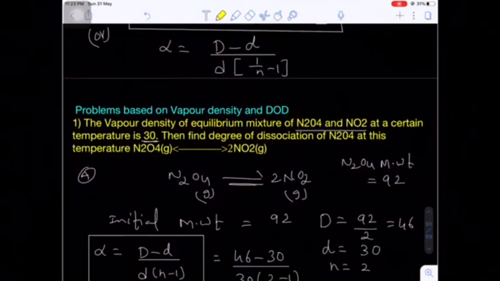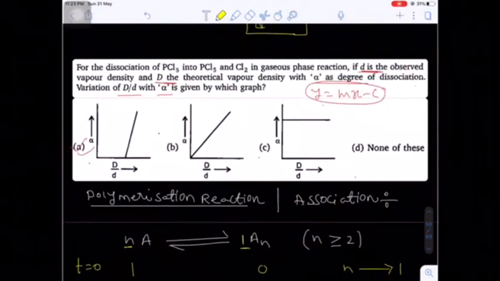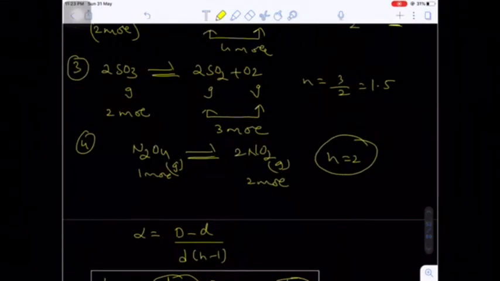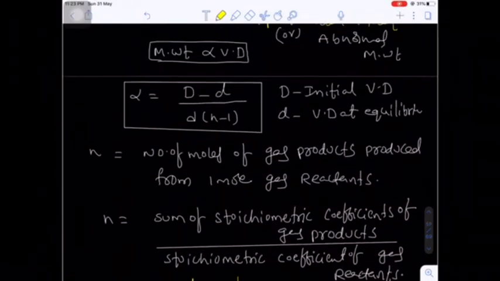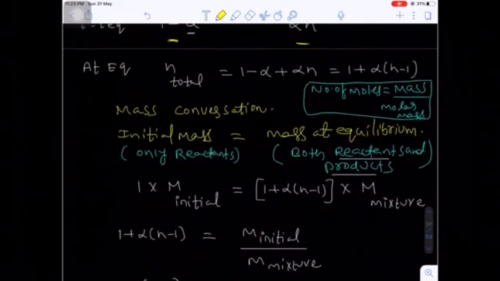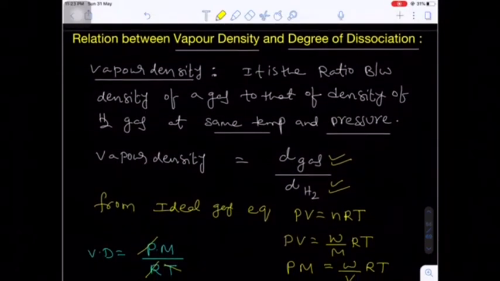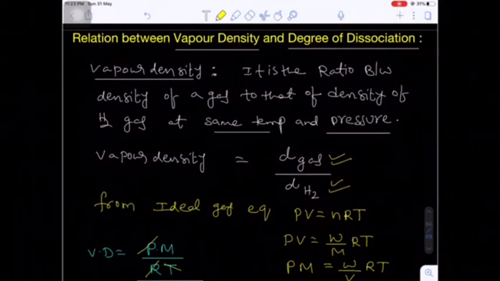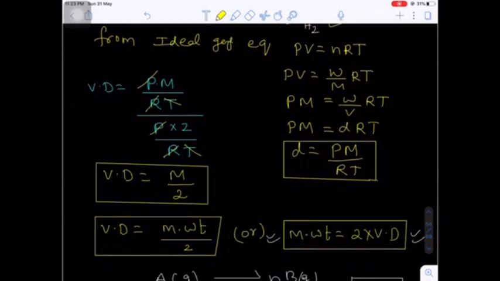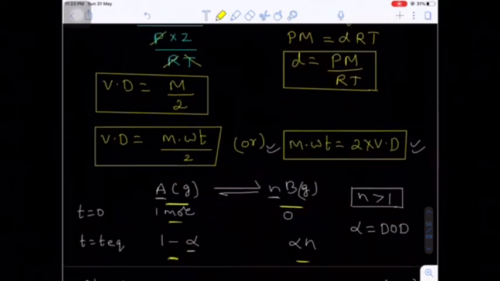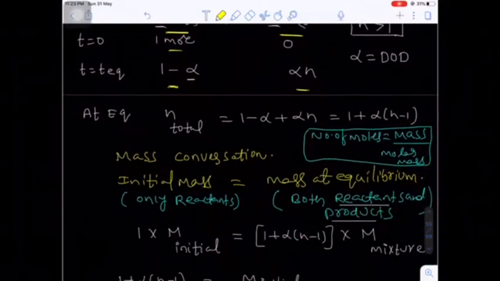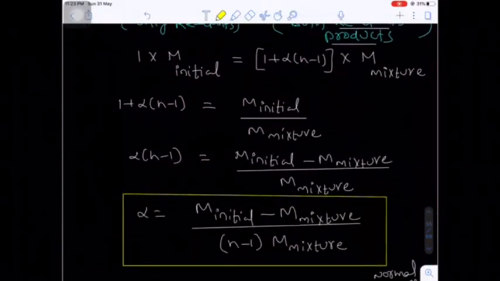Okay, in today's class, what we completed, once again just a recap. We started with the relation between vapor density and degree of dissociation. Vapor density definition: density of any gas with respect to hydrogen gas at the same temperature and pressure. Vapor density is equal to molecular weight by 2, or molecular weight is equal to 2 into vapor density.